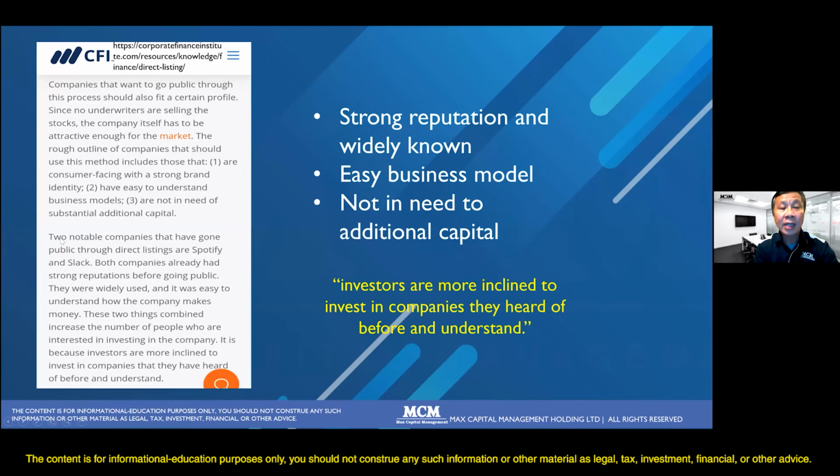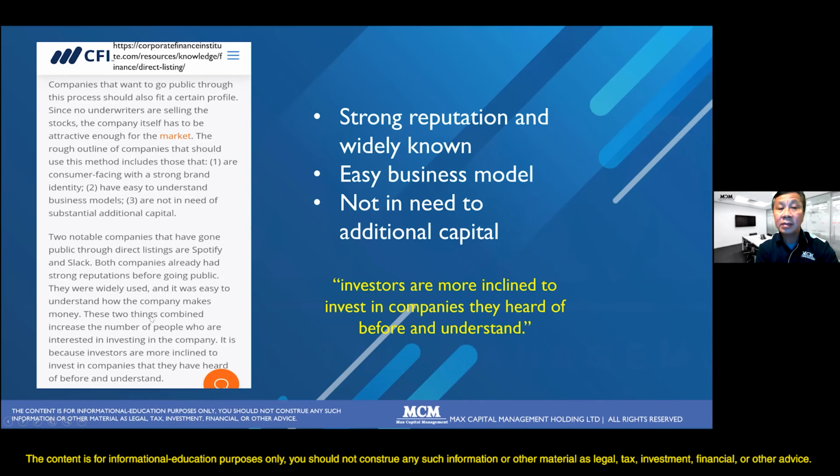Like we have seen in the example earlier, two notable companies that have gone public through direct listing, Spotify and also Slack. Both companies already had a strong reputation before going public. They were widely used, and their business models were easily understood.